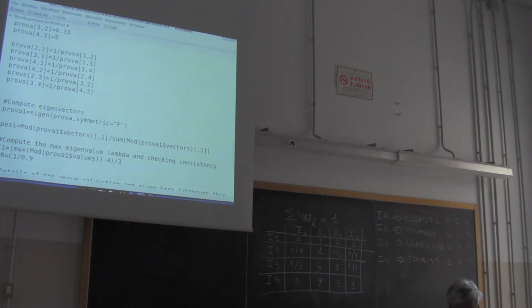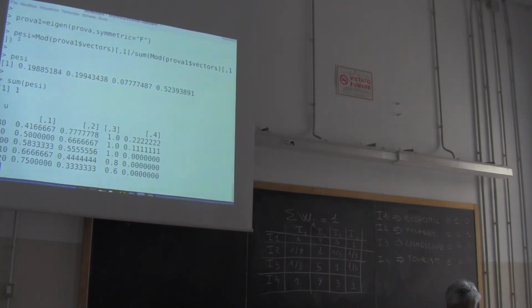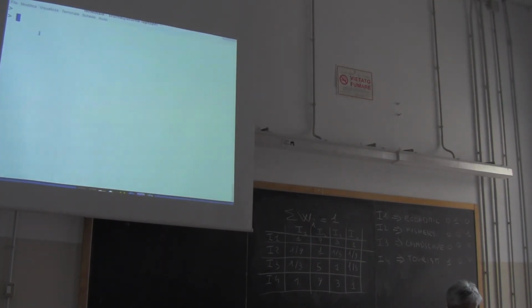And what is the max eigenvalue? Should be this one. If I get this instruction here and I put it in R, it should give the max eigenvalue. Let's see. Yeah, you see that it's 4.04, which is quite close to 4.